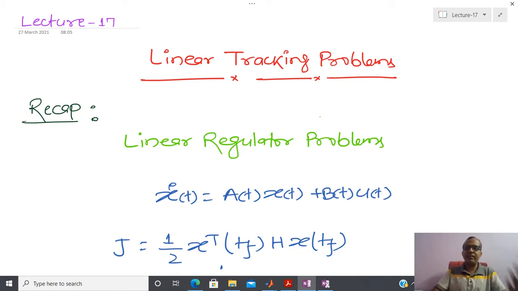We are going to define the Hamiltonian, the state equation and the co-state equation. After that, we are going to formulate one algebraic equation. Using that algebraic equation, we can calculate the control, and after that we will define the boundary condition. So the roadmap remains the same. First I am going to recap.